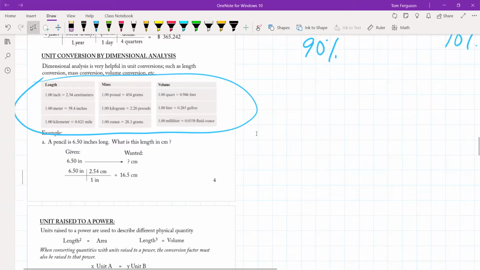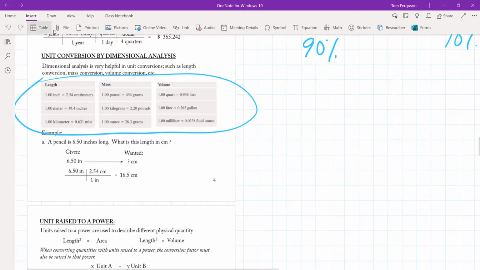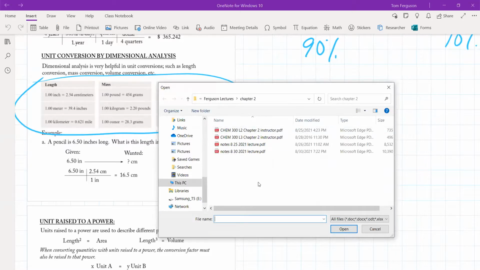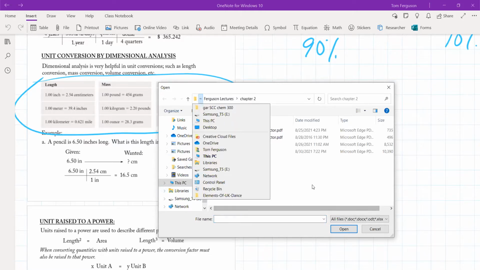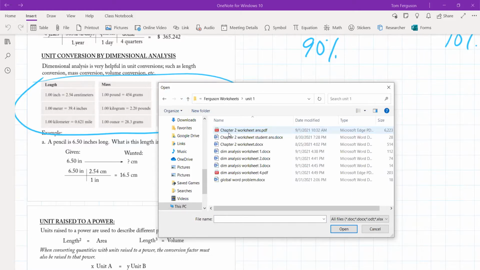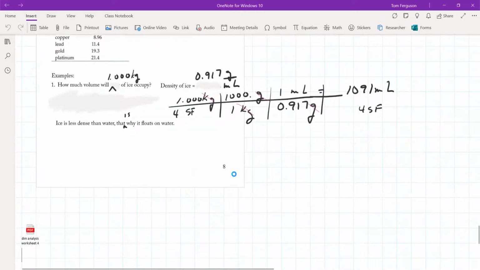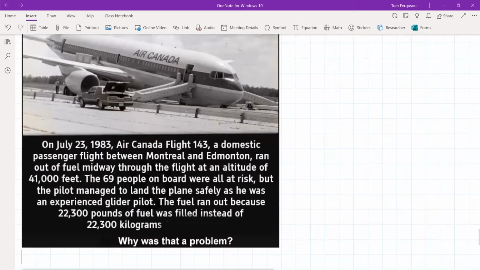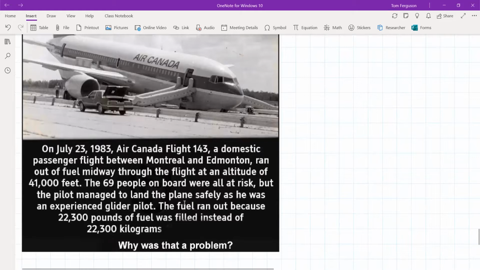It had to do with dimensional analysis, and this is a real life problem. Okay, this really happened.